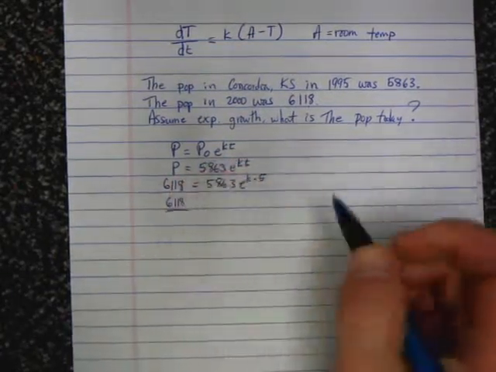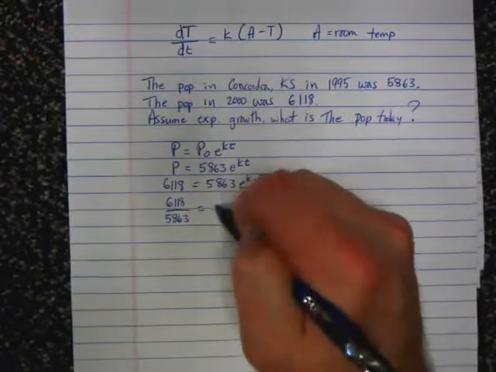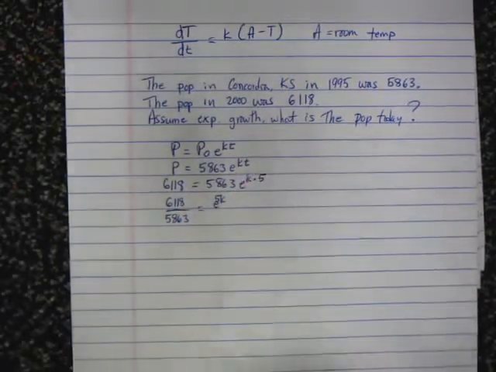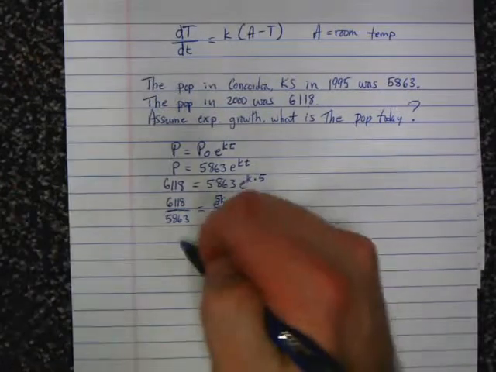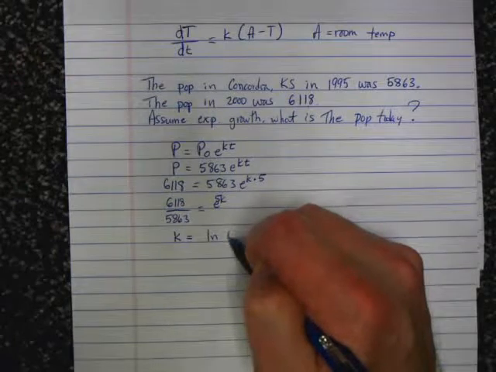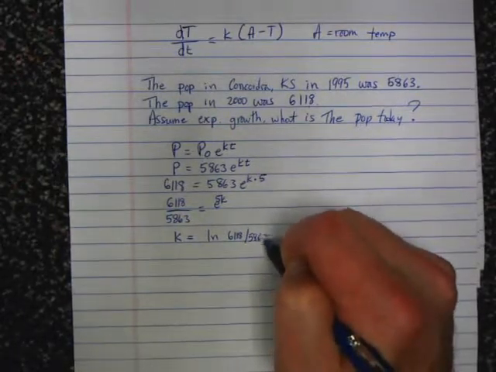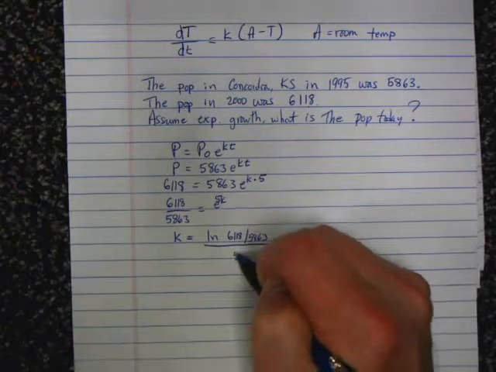6,118 divided by 5,863 equals e to the 5k. So k is ln of 6,118 over 5,863, all divided by 5.